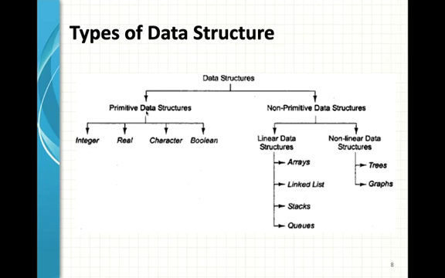So primitives are integer, real, actually real means floating point, okay, and character, boolean. And in the non-primitive case there are again two types: linear data structure or non-linear. So linear are arrays, linked lists, stacks, queues, etc. And non-linear are trees, graphs; these are the non-linear data structures.